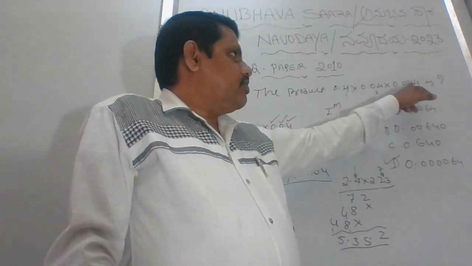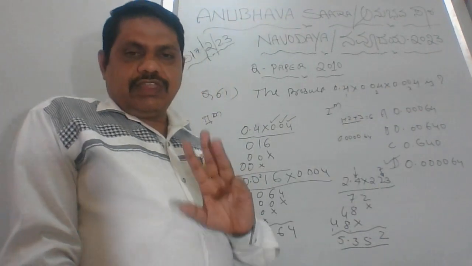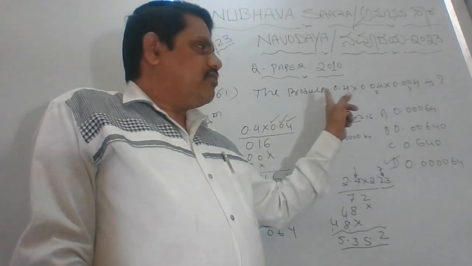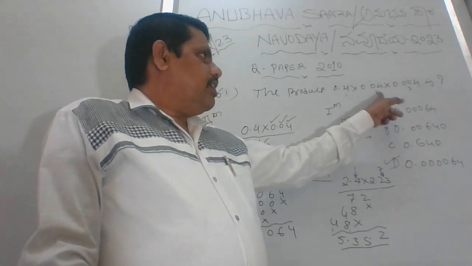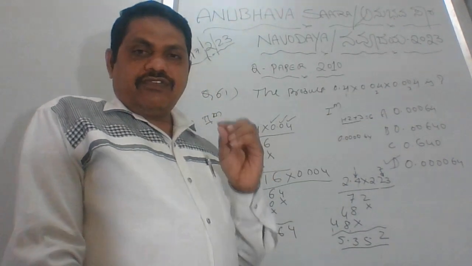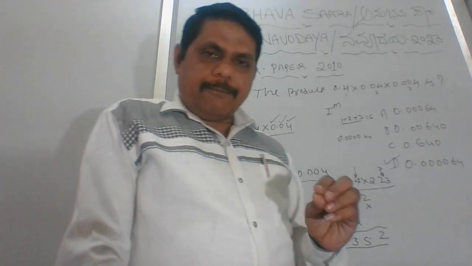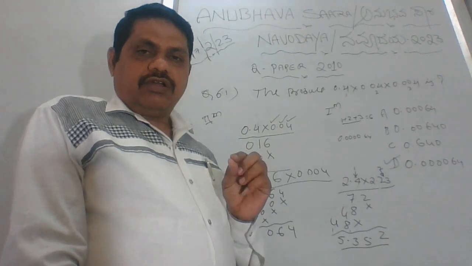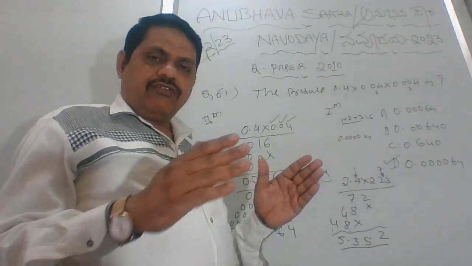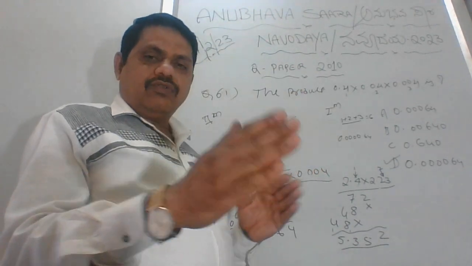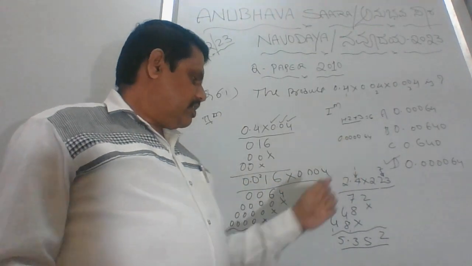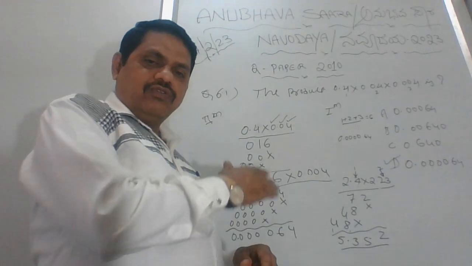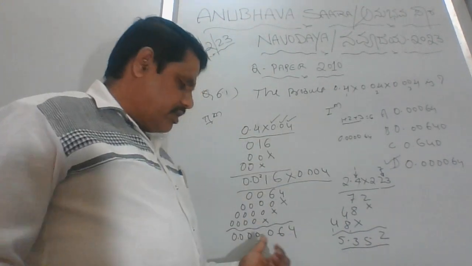Here .004, that means 3 digits or 3 numbers. So adding all these, 3, 2, 1 is 6. There should be a total of 6 digits after the dot, or in your answer, if you start from right to left, after 6 numbers you have to put the dot. That's what we have done here.